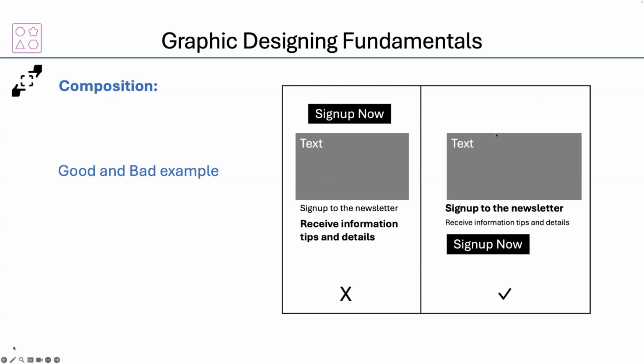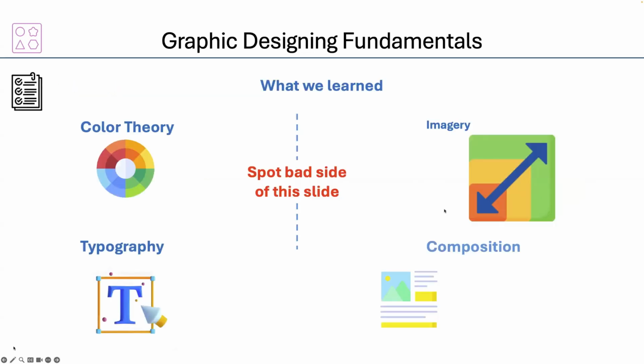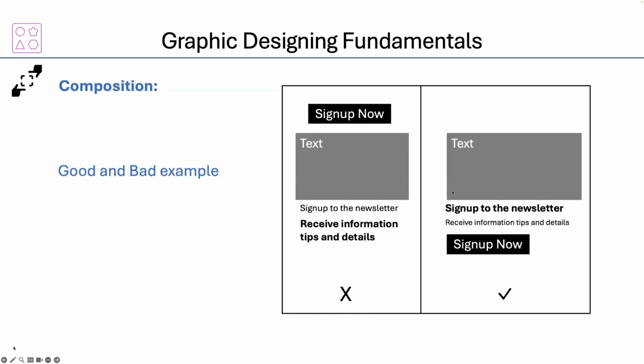But on this side, there's some text, maybe a description of the document, and it says sign up to the newsletter, in bold. So basically, this is the purpose of the document. Then it describes this in a small font: receive information, tips and details.